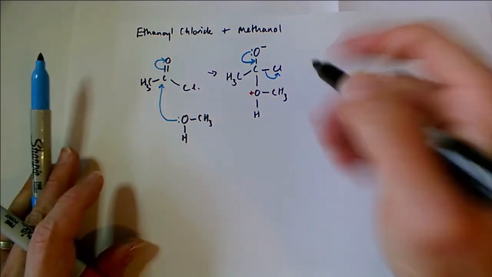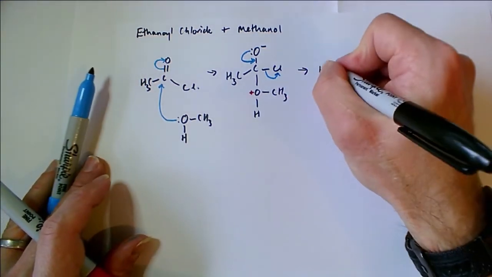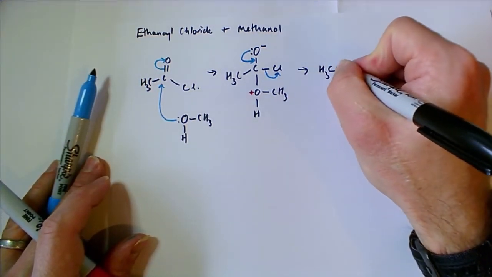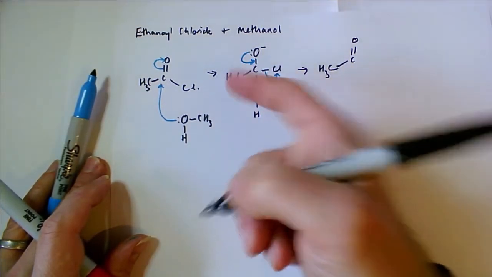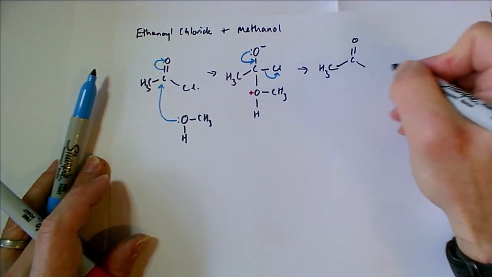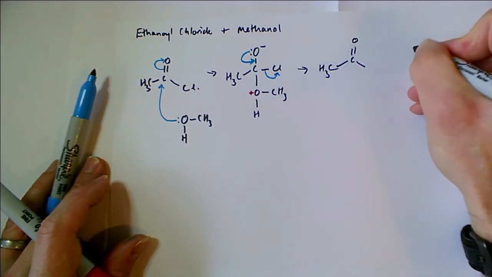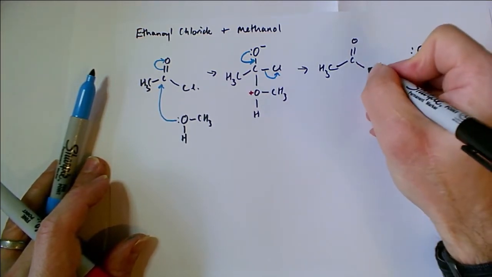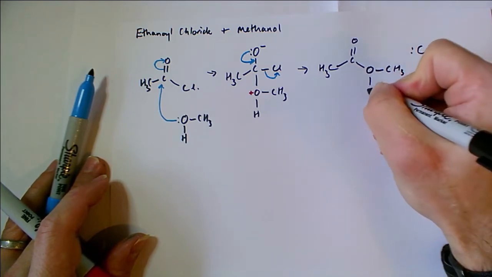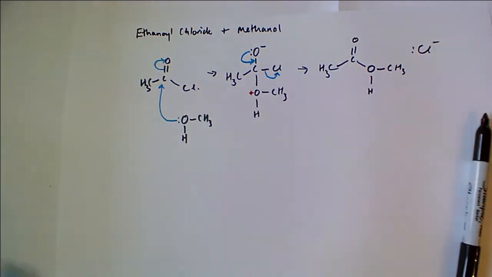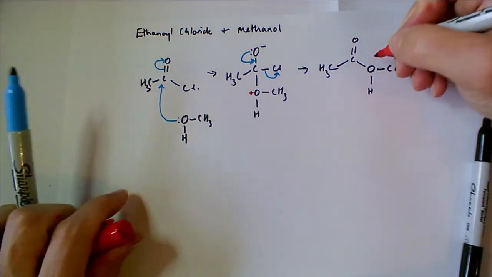Now we've reformed our carbonyl from here. We've got rid of the chlorine, so that's hanging around over there somewhere. And now I've got my oxygen attached to my CH3, attached to my hydrogen. So I'm going to show my positive charge again on my oxygen.